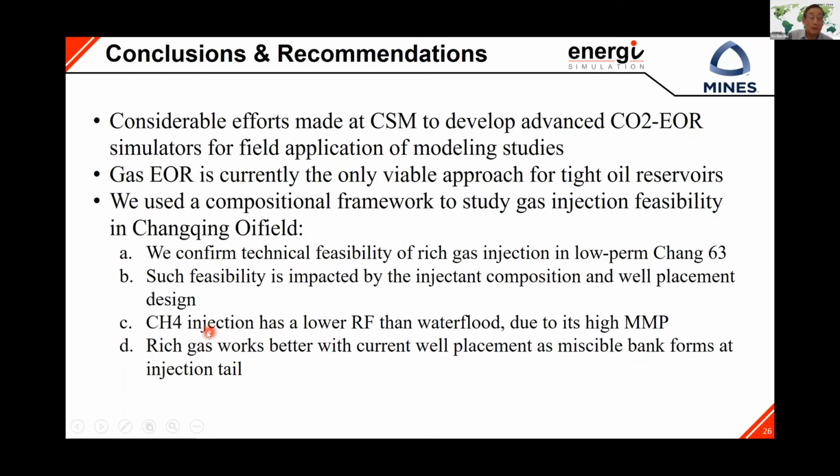Again, the lean gas, dry gas, methane alone is not really much improved for this particular application. So rich gas really gets better performance. This is pretty much from the modeling study. And actually, I didn't report the lab studies.